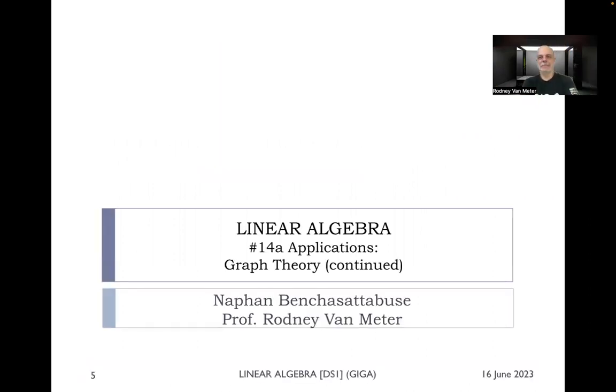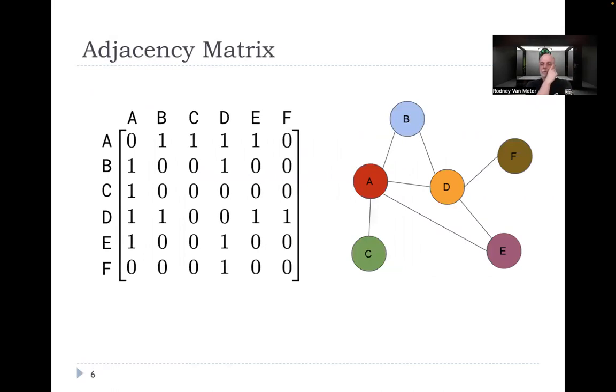So first topic here, graph theory. We've already seen the adjacency matrix. On the right-hand side of the screen here, you've got a graph with 6 nodes, A, B, C, D, E, F, which means we can describe it using what's called an adjacency matrix that happens to be, surprise, 6 by 6.